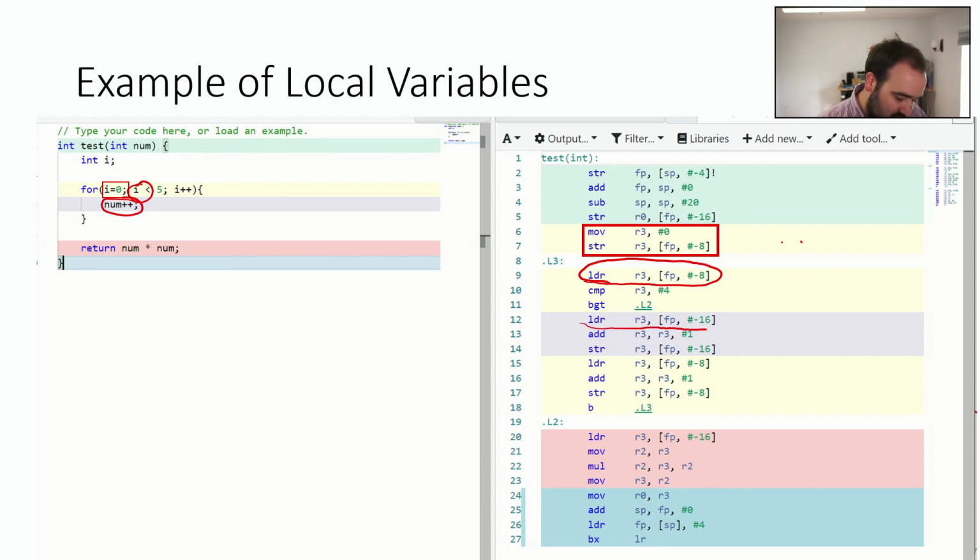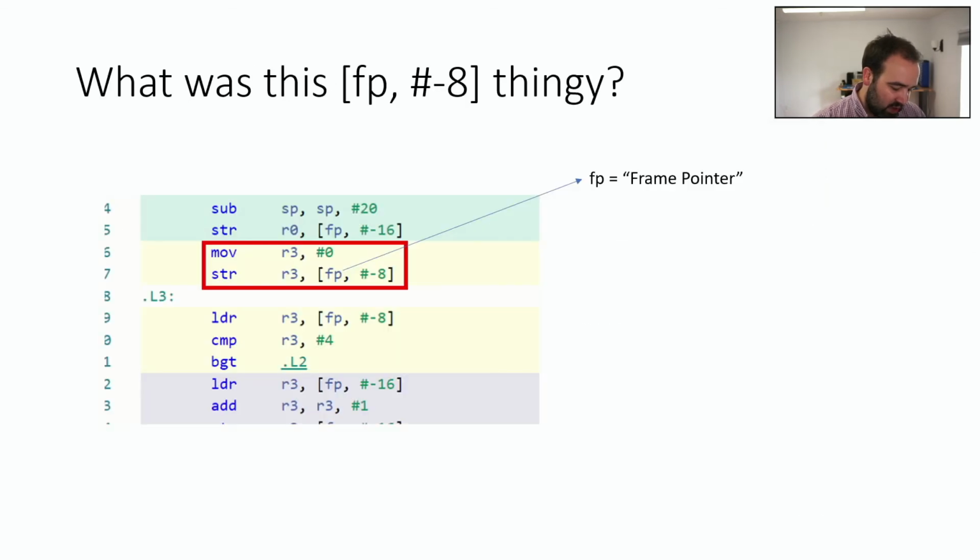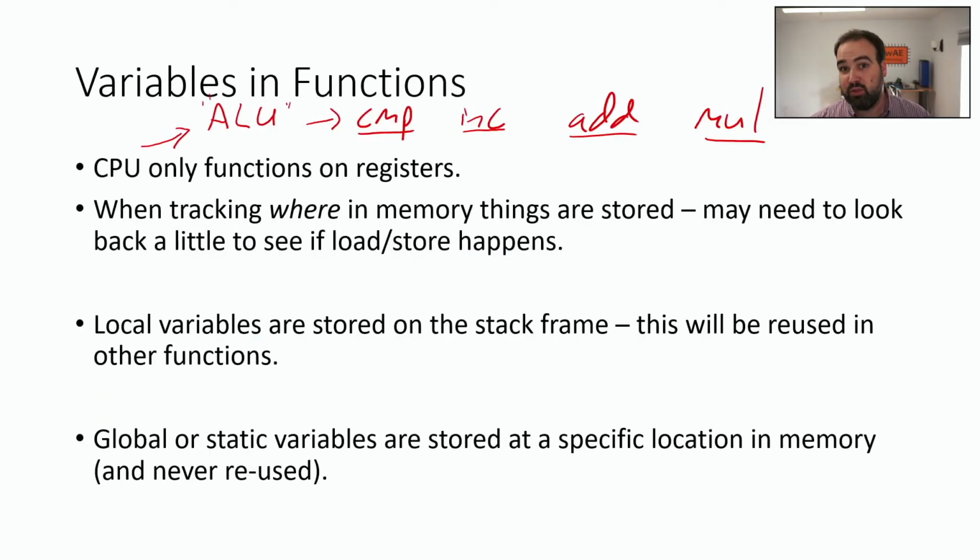Now it loads a different memory location into R3, so now R3 represents num. Up here it represents I, then num, and then it stores it away, and here it's loading I, so then it starts representing I. That's the other thing to watch out for, because it's only using registers, it's going to have to reuse what's stored in what register.